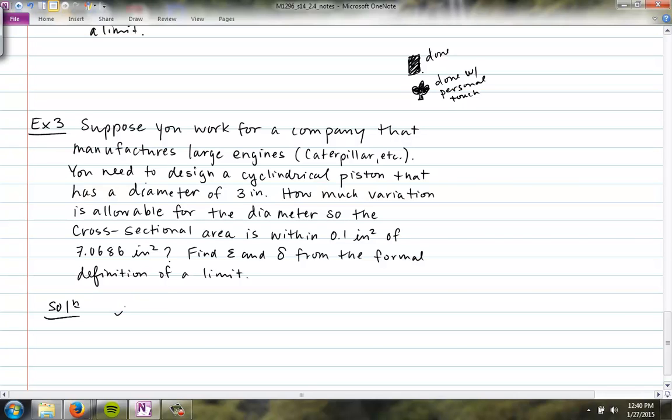So our limit as x goes to a of f of x equals L. And so our f of x in this is like our cross-sectional area as a function of diameter. And so x is equal to d. Just keep that in mind where d is diameter.